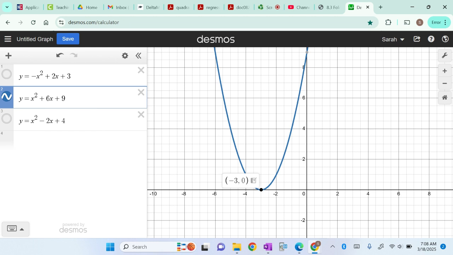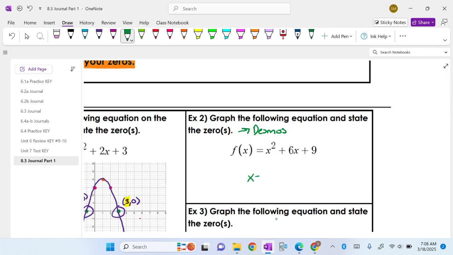So at this point, we have the point negative 3, 0. And again, we only care about the x value, so this would be x is equal to negative 3. Now, if there's only one number, you can state it as just x equals that number. You don't have to actually put the set notation. It's really for if you have 2 answers.